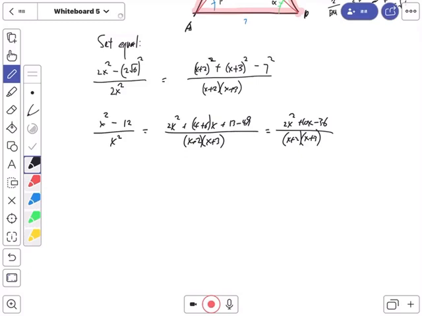Now we can actually reduce this to be 1 minus 12 over x squared, and this is just equal to x squared plus 5x plus 6 minus 3x squared plus 15x plus 42.